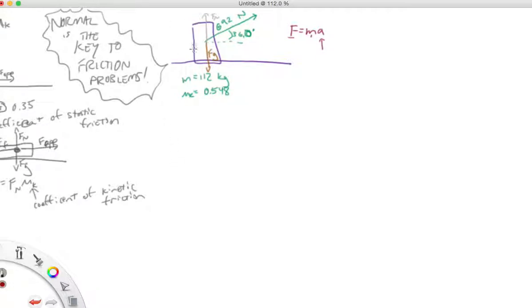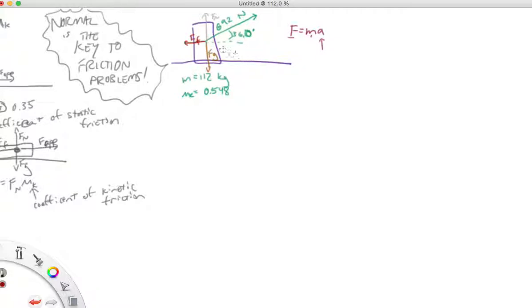The frictional force is always opposite the motion. So if you're moving right, it's always going to be against that movement, to the left. If you move left, the frictional force is always pointing in the opposite direction, so it'd be pointing right.